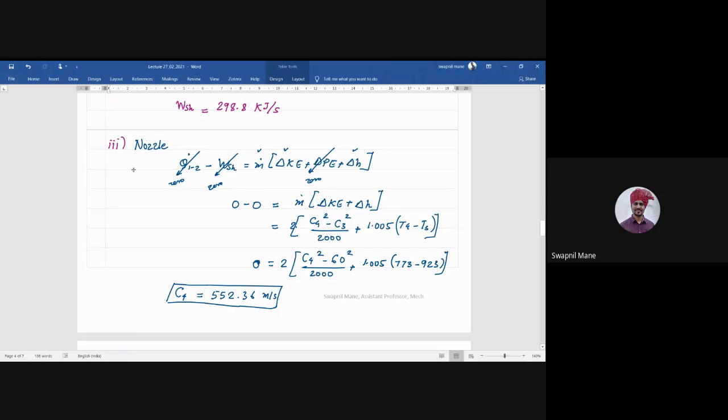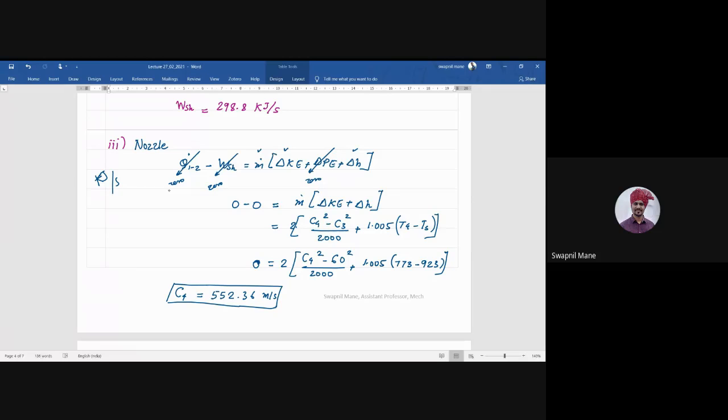Okay. Whenever the system is insulated, heat transfer, this Q is nothing but heat transfer rate, will be zero. Just think like that. Heat transfer means kilojoule. Heat transfer rate means kilojoule per second.